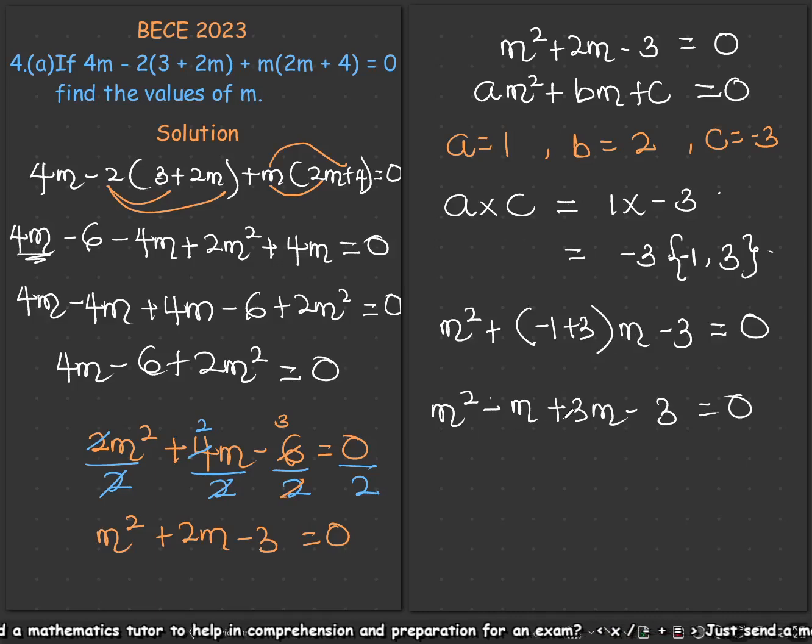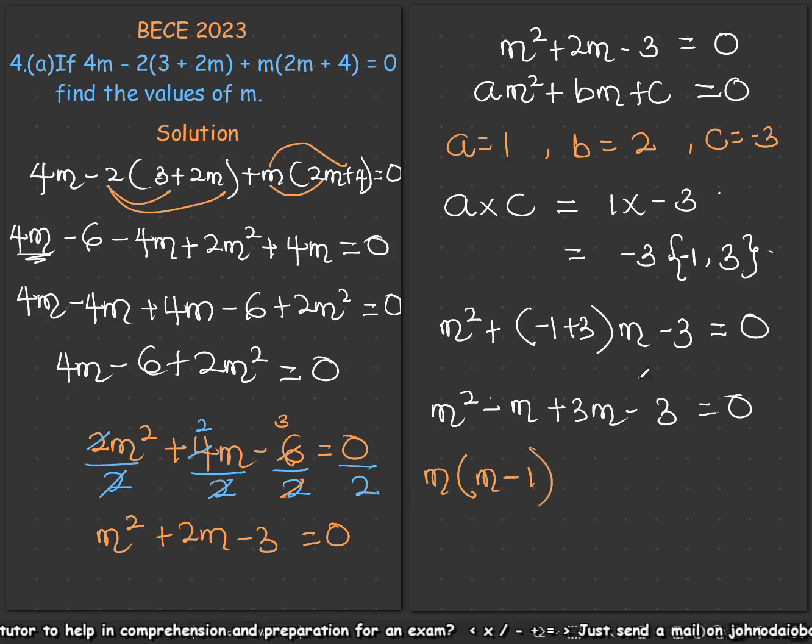So what we do at this point is we try and factorize. What do m squared and m have in common? They do have m. So we bring our m, and m times what gives us m squared? That is m. m times what also gives us negative m? So negative 1. And we do the same for this 3m minus 3.